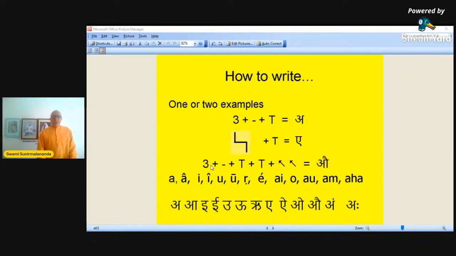What are the vowels of the Devanagari script? A, A, I, U, R, E, I, O, Au, Ah. These are the alphabets, these are the vowels. They are very important.